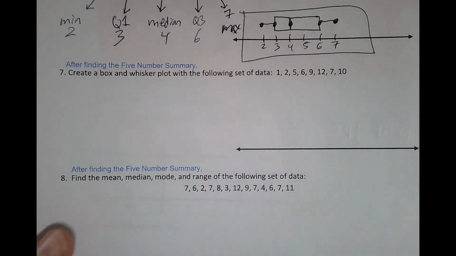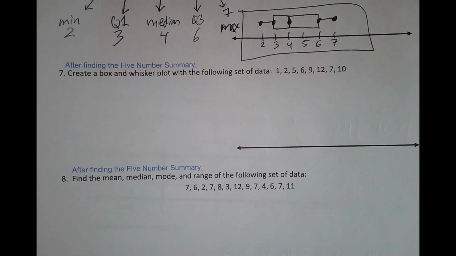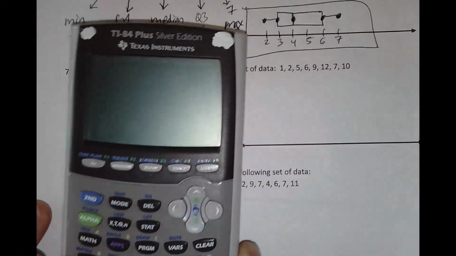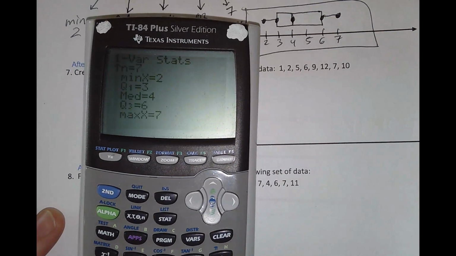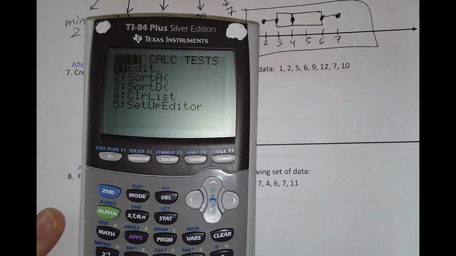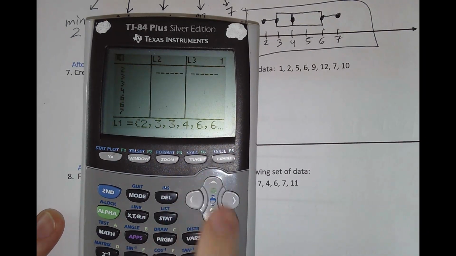All right, for number 7, I would like for you to try this yourself. It is possible to do this by hand, but you can also try to do it in a calculator. So for this first one, we're going to go ahead and press Stat, Edit, clear our list by going up, clear, enter.